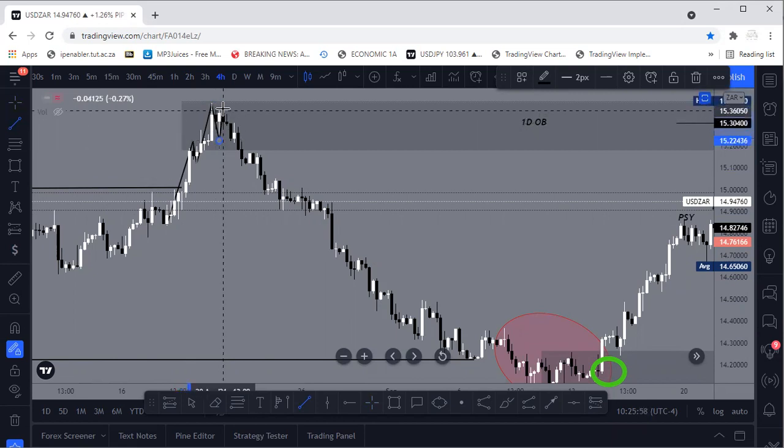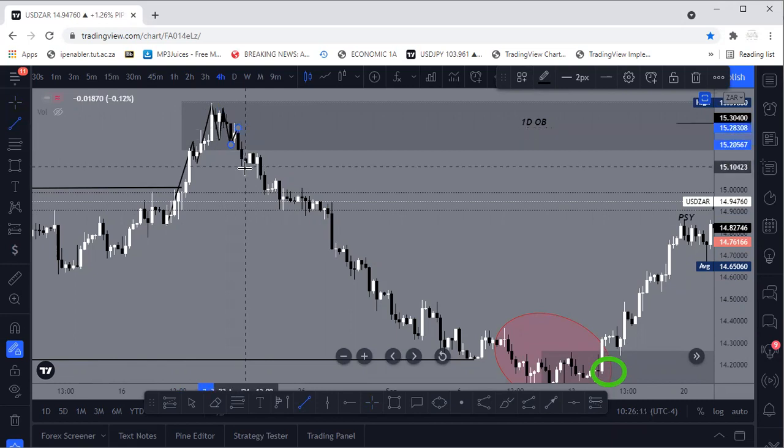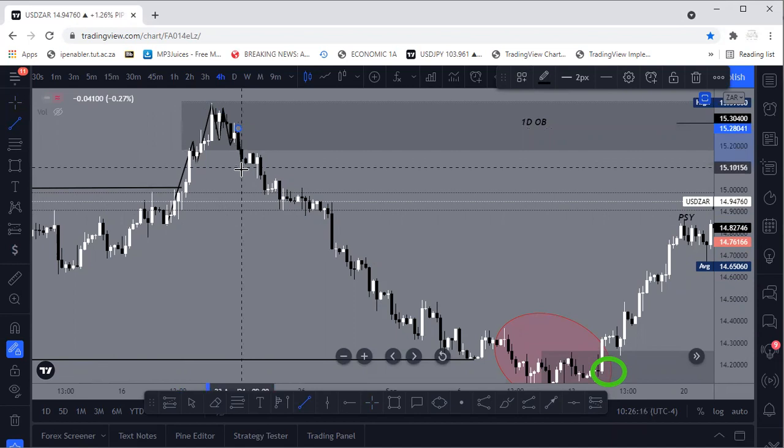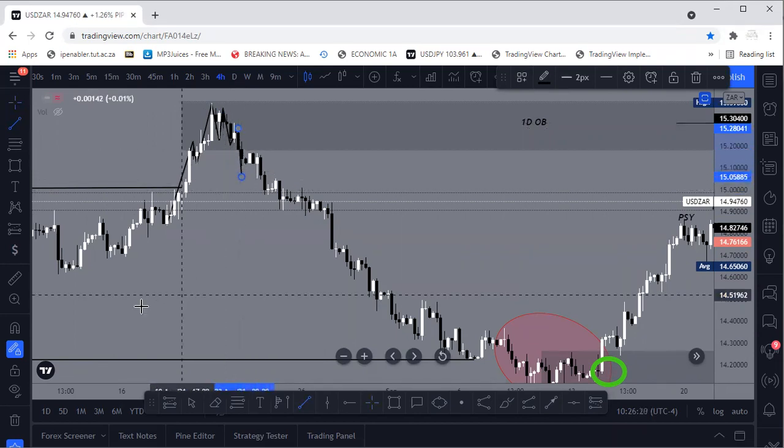The push higher. Push down. It tried to go up, but it failed. It pushed to the downside like this, right? So it failed to continue with its bullish momentum.